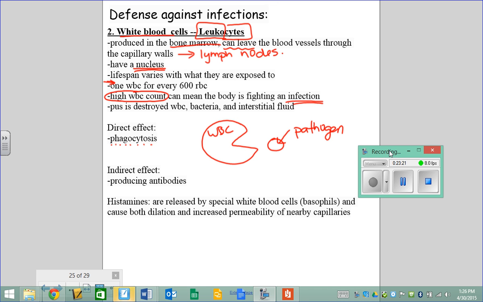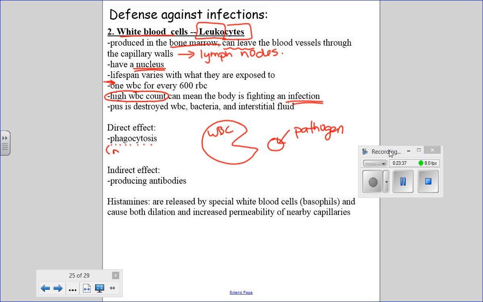You know from Science 10 that one cell can engulf another. I represent it here like a Pac-Man going to eat another cell, but that's the idea. White blood cells can engulf pathogens and destroy them that way. This, however, is pretty non-specific. That's just your white blood cell going out and eating anything that it wants to.